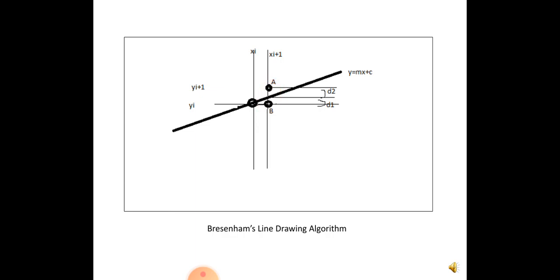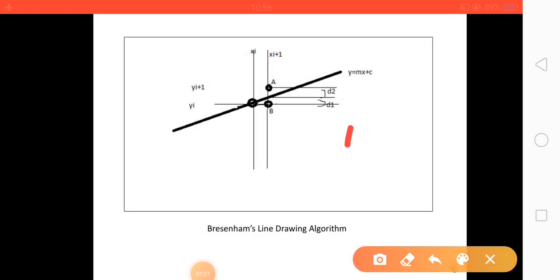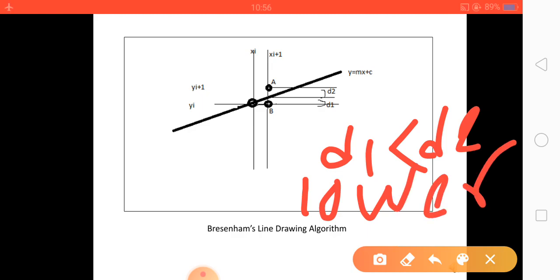Distance of upper pixel from actual line path, and d1 is the distance of the adjacent pixel, lower pixel, from actual line path. If d1 is less than d2, then which pixel should be selected? Lower pixel should be selected.